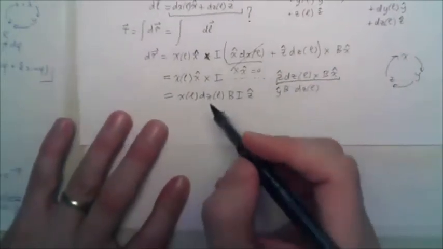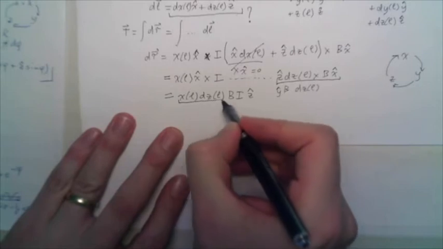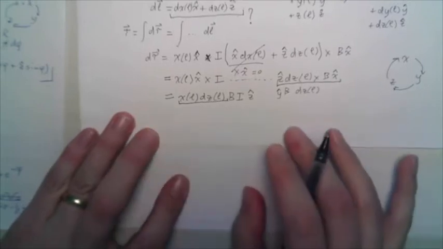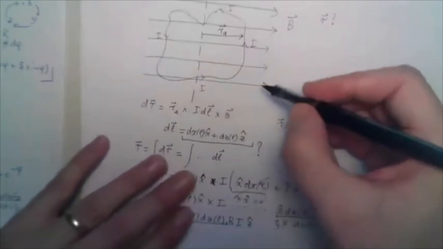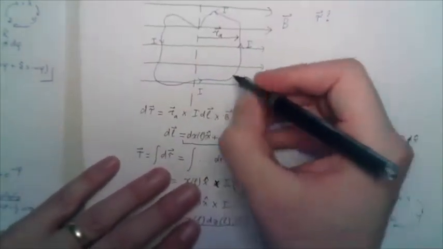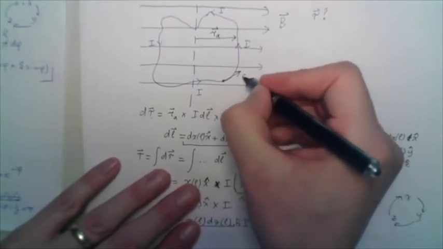Now, this is a really cool object. So this thing, I'm going to draw it. So we have some kind of a dl vector. So let me draw it here. Okay, so we have a dl vector. I'm drawing it exaggerated.